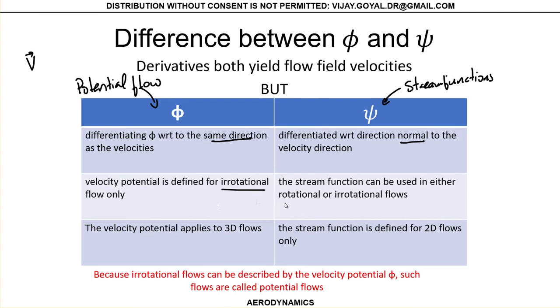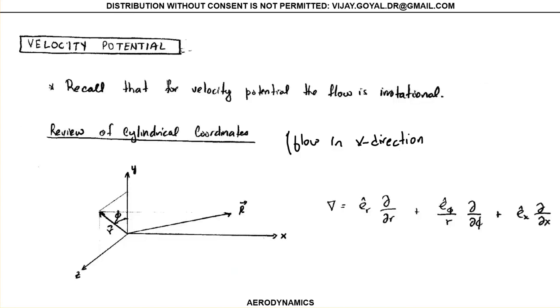Here it can be irrotational or rotational. This generally can apply to 2D or 3D. Stream function can be defined only for two dimensions. So they have their pros and cons, and it's worth that you take a moment, pause, and take notes on this chart here. So let's keep on moving.